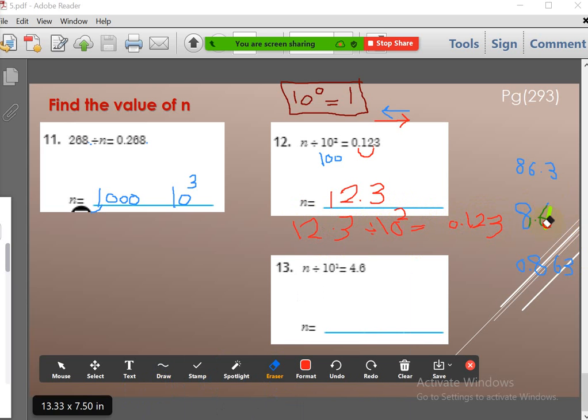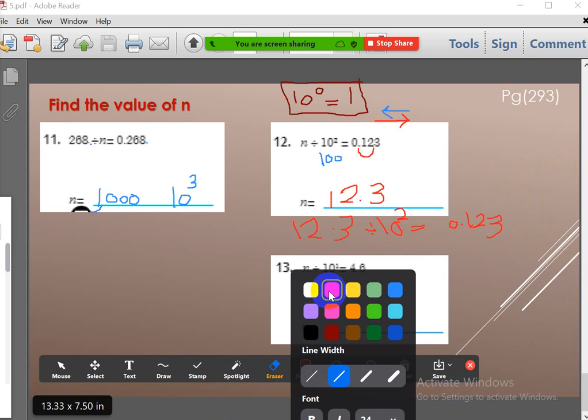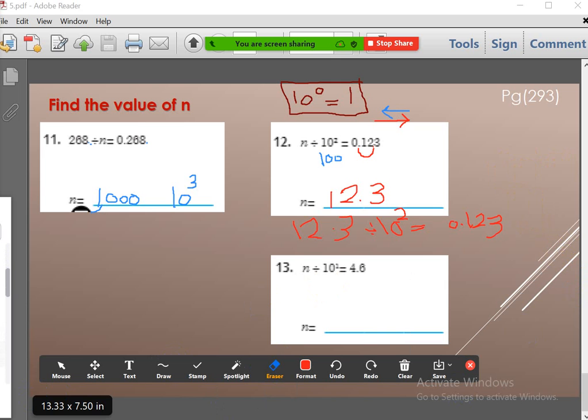Now what about number 13? Anyone can tell me number 13 is what? Who will answer me? Who didn't answer today? Yes, Aryaf, open your mic and tell me. Look, n divided by the first power of 10 equals 4.6.